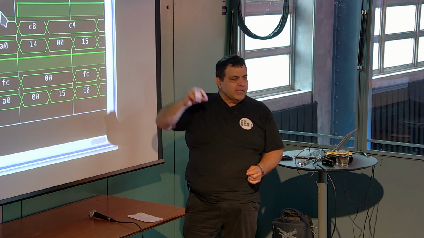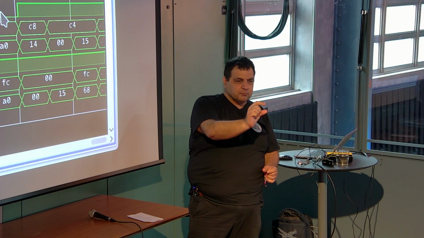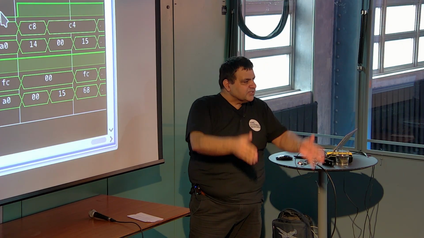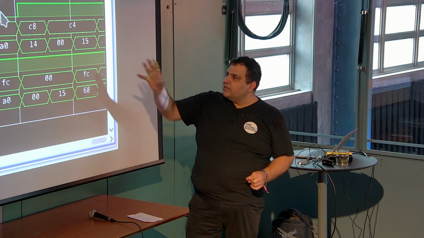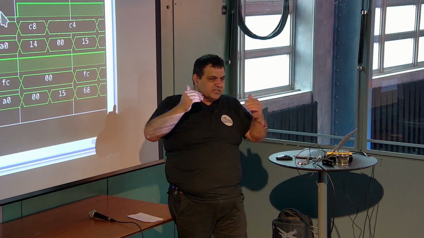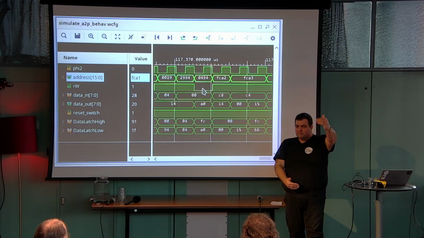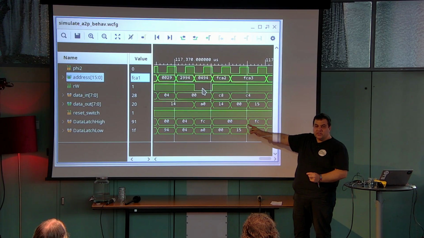A0 is a blank space. What this does is clear the screen. What you're seeing running here in the simulator is the startup routine of the Apple II clearing the screen. This is an Apple II booting.